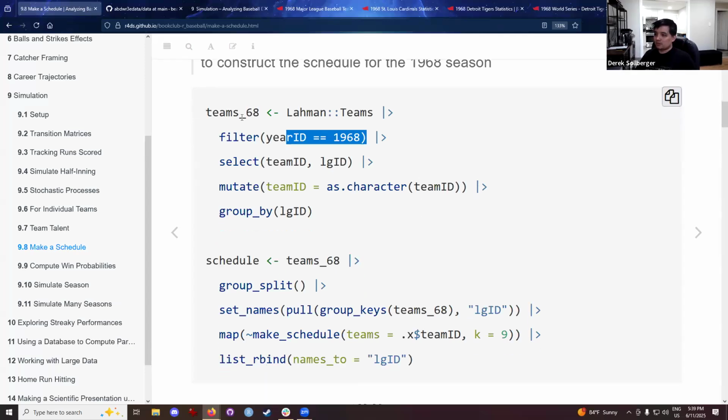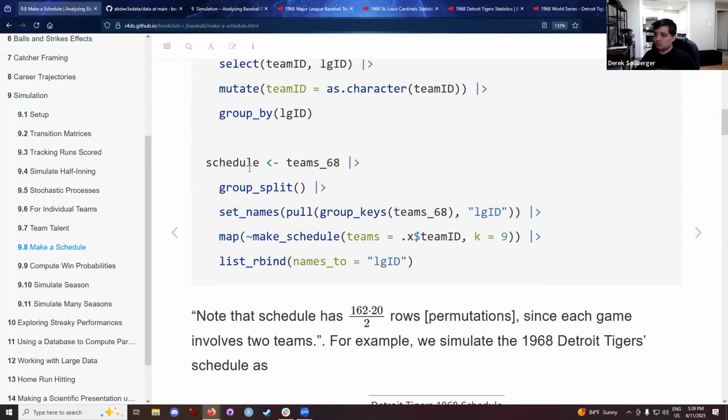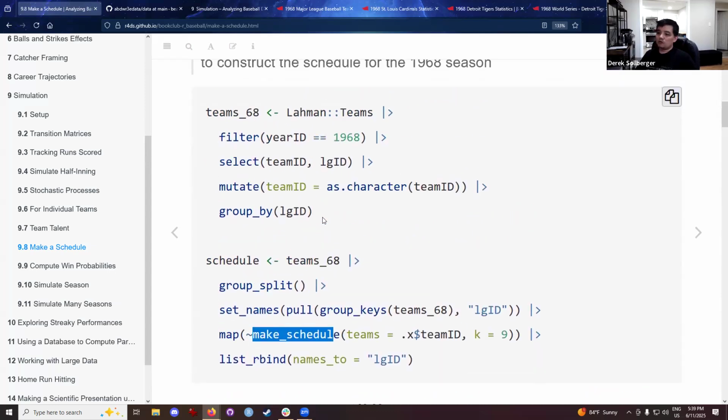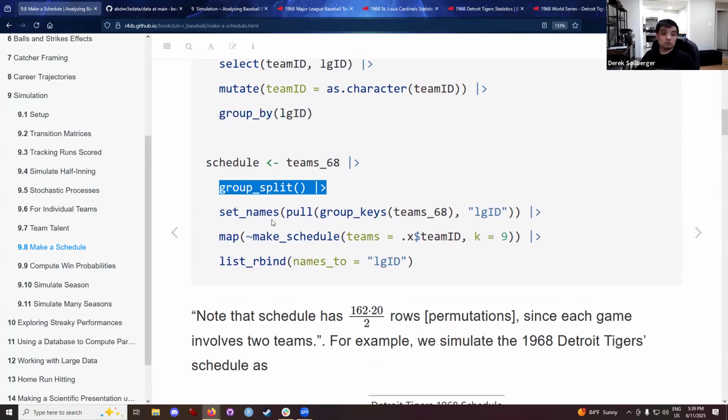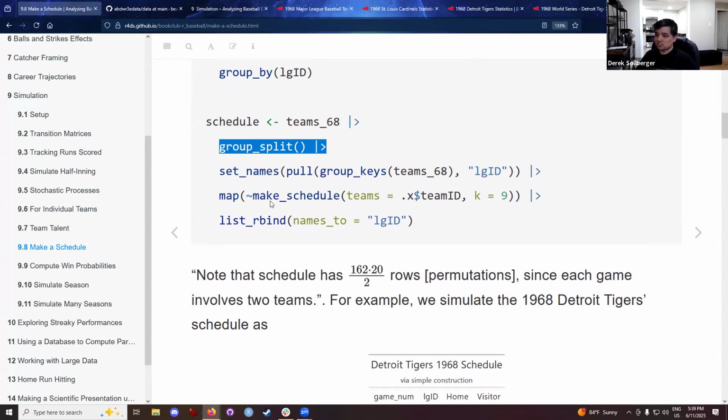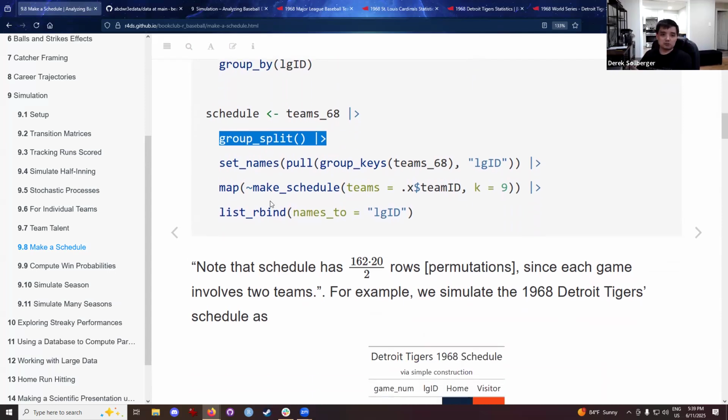Anywho, taking the 20 baseball teams from the 1968 season, we run them through our make schedule function. Also of interest, we group by league, American League and National League, which played right into this group split function. I thought that was pretty clever. This keeps the leagues separate, and this is also many years before interleague play.